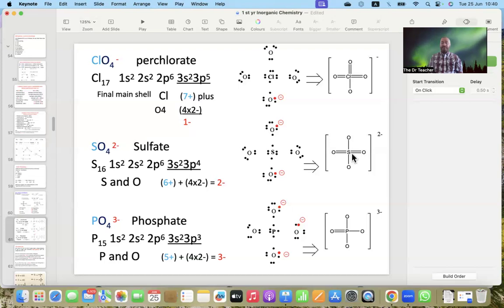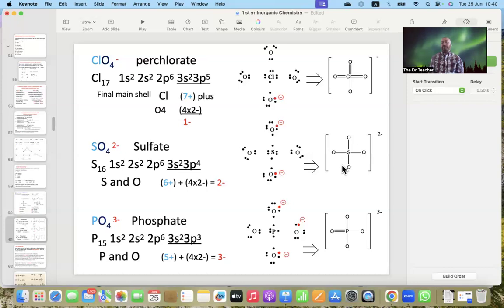And the oxygen will take 2, 2, 1, 1. Because we have 4 oxygens, you put 4 oxygens around the sulfur, and the sulfur has to donate 6 electrons for these 4.